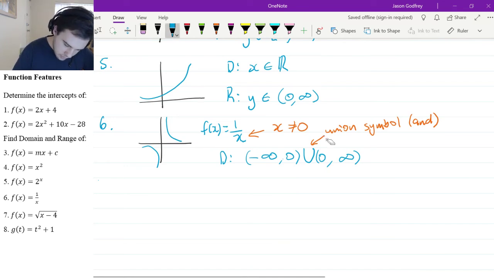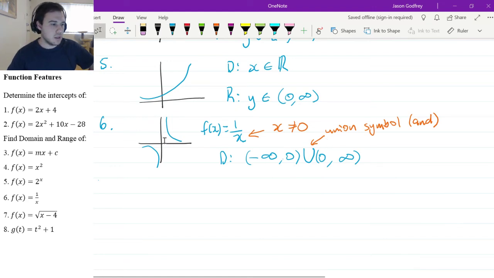And then we've also got the range. Similarly, with the range, what output values can we get? Well, we can get any positive value from 0 up to infinity, or any negative value, 0 down to negative infinity. But again, we can't get 0. Because we've got 1 on the numerator, 1 over any number we put in is never going to be 0, because you need 0 on the numerator to get a fraction that equals 0.